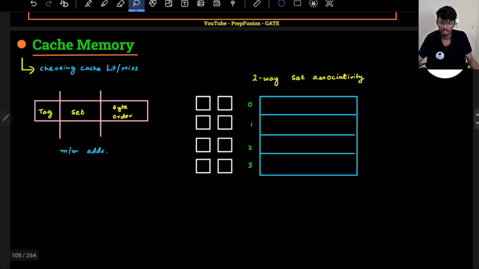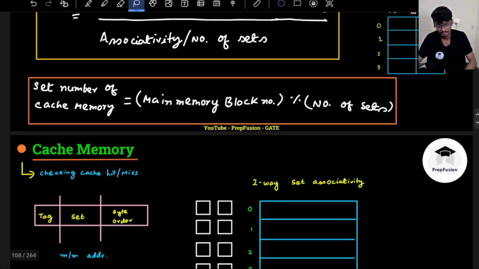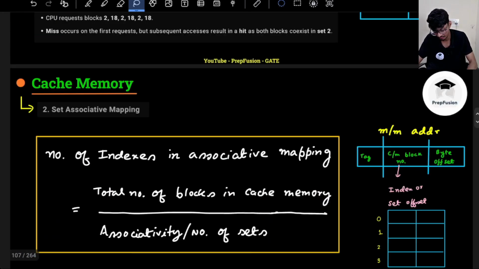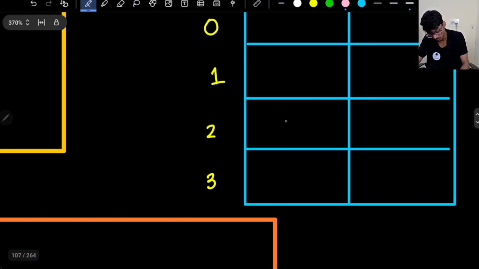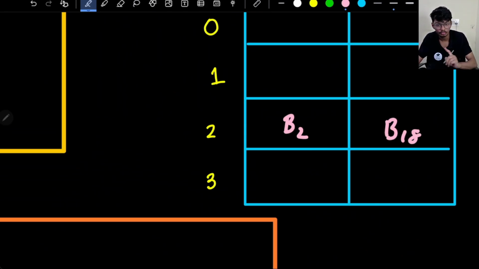So yeah, I hope you have understood this basic thing now, right? At this point, for the same scenario, block 2 can reside here and block 18 can reside here. Now they don't need to compete for the same place.